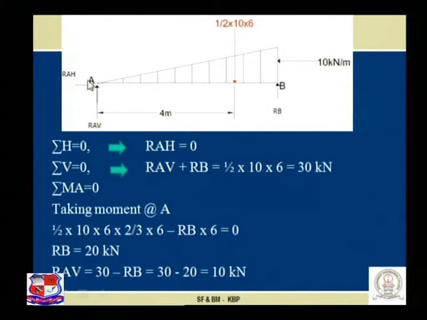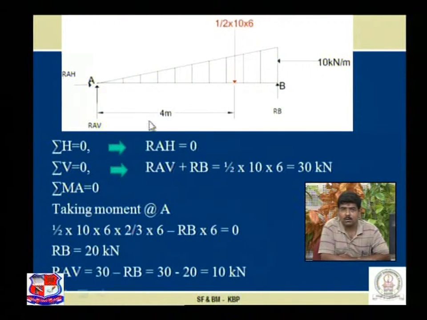The CG distance from A is 2/3 of 6, that is 4 meter. Now let us apply the first equilibrium condition, sigma H is equal to 0.